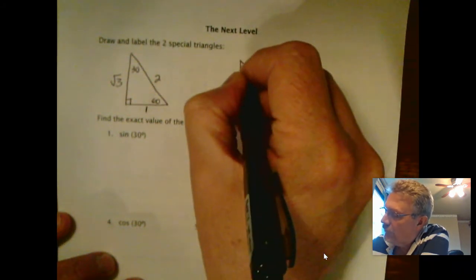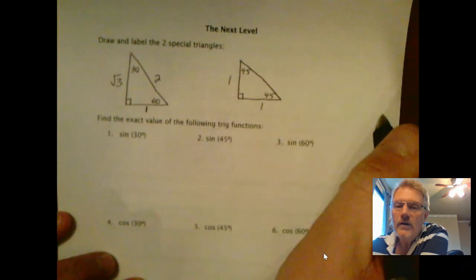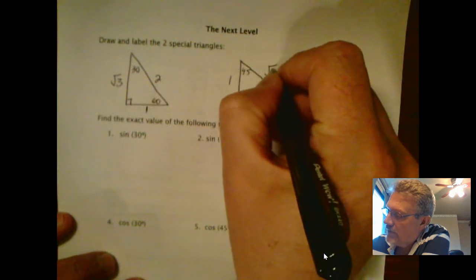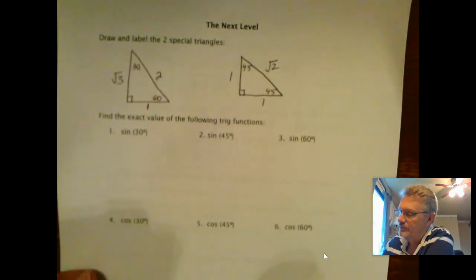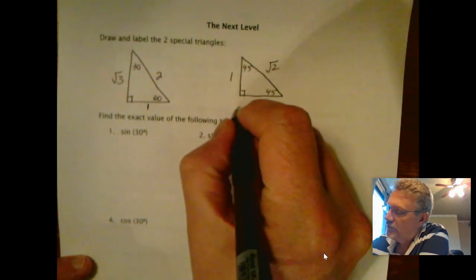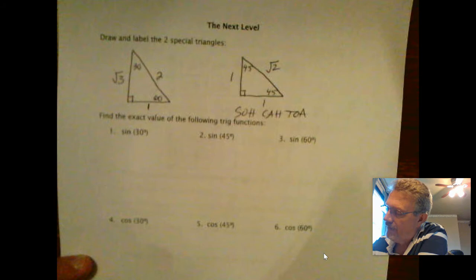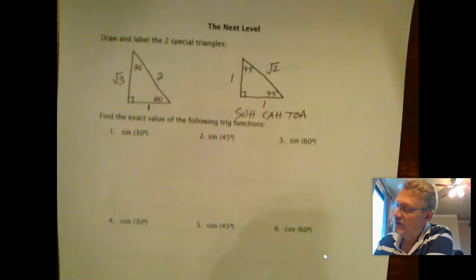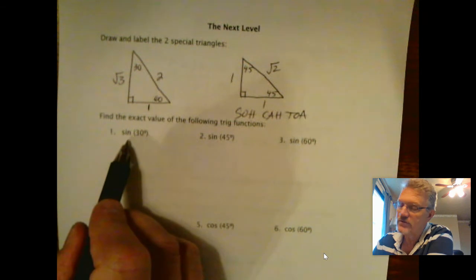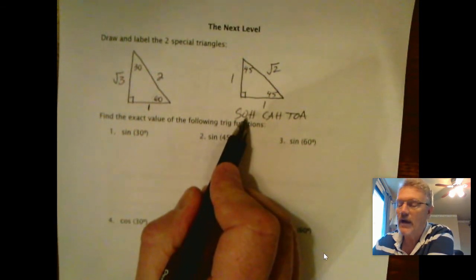Okay, the 45, 45, 90 is an isosceles triangle. A squared plus b squared equals c squared has the hypotenuse at radical 2. All right, so remember we're going to use SOHCAHTOA. We already did sine of 30, so I'll do that again to remind you how that happens. Sine is opposite over hypotenuse.